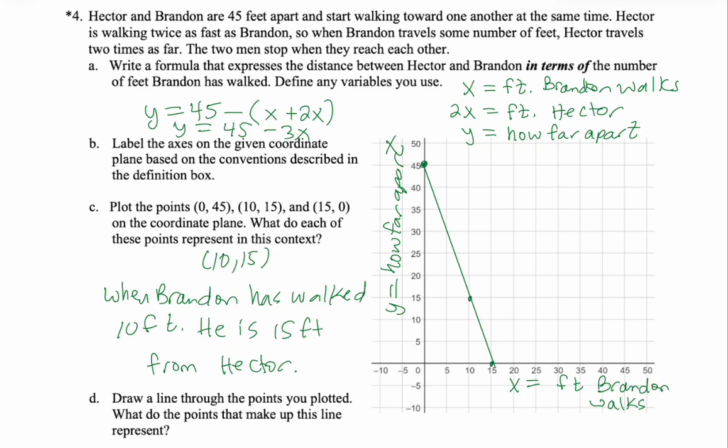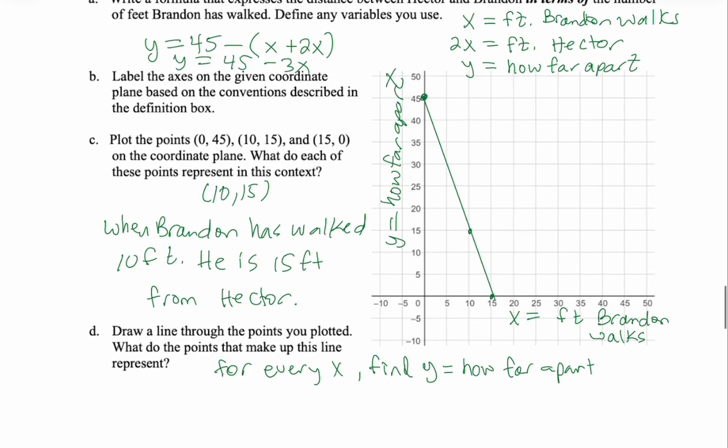It's the relationship between x and y. So for every x, we can find the y, or how far apart they are. So that's what the graph is helpful for.